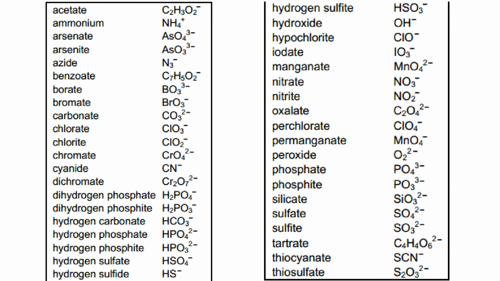The thing I want to talk about before I close off this video is that adding oxygen and hydrogen, or taking away oxygen, could change the charge of the polyatomic ion. It doesn't have to remain its same -1 charge or -2 charge. It could change, so you have to keep that in mind.